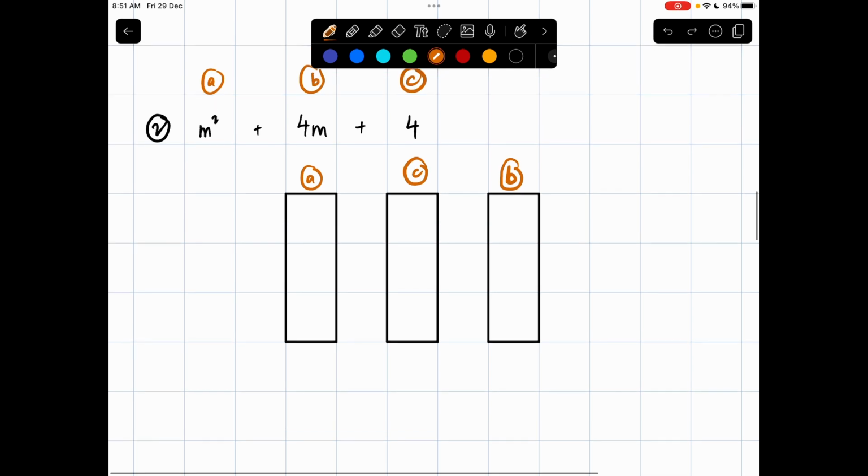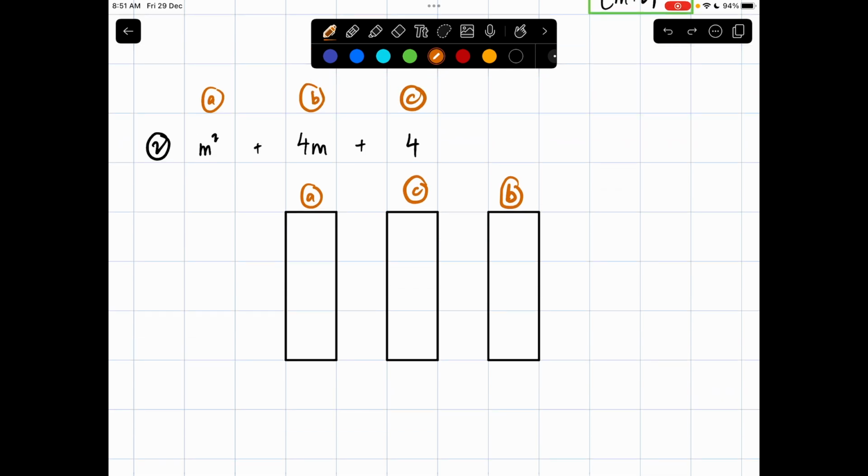So now what happens is, for A, for which we have m squared, give me just a moment, let's put this right over here. Okay. So what you have to do now is take all of the possible terms that when multiplied together will get you m squared.